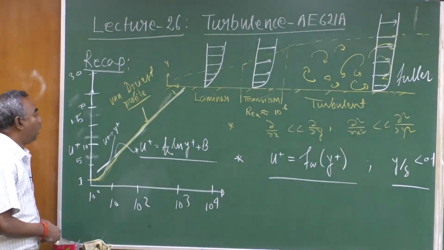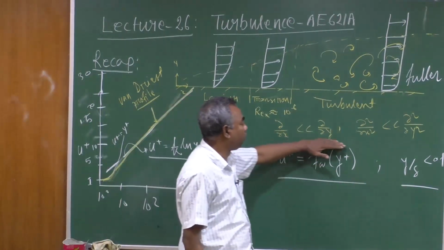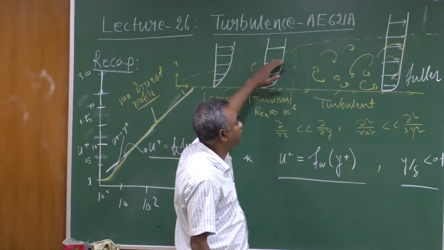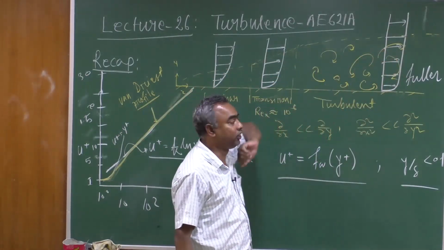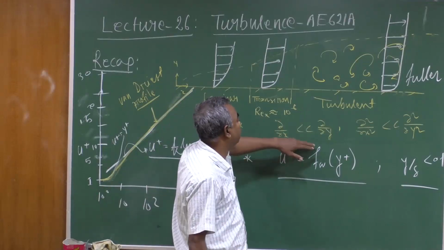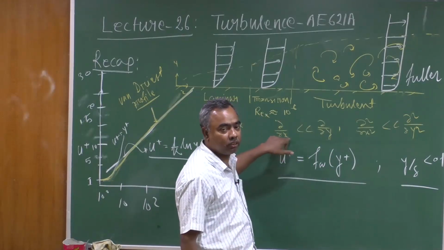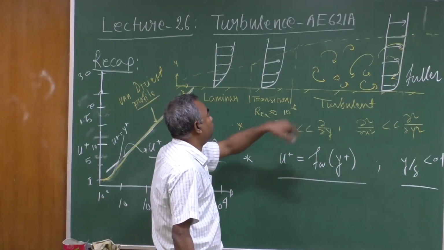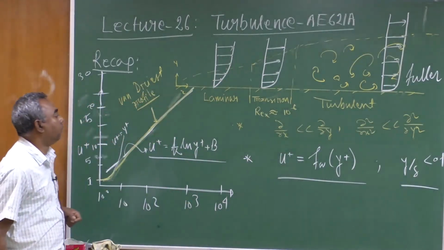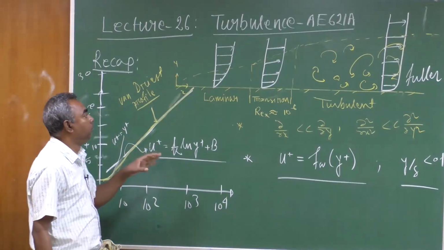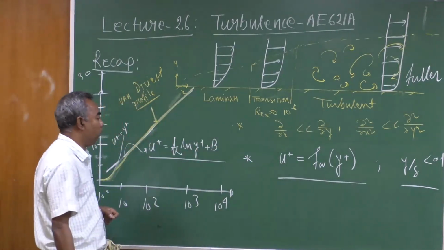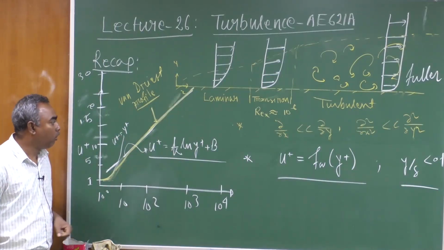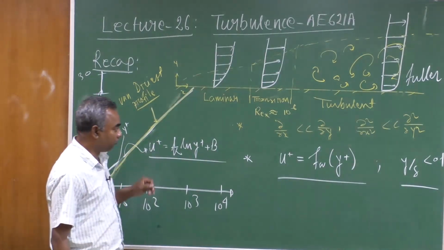So, all right, then we have also talked about this: in the case of the turbulent boundary layer, it is continuously growing as compared to your channel flow, and the streamwise gradient is much less as compared to the normal gradient, okay. So, this is one more important point to note for boundary layer flow. Then we discussed that the inner law holds good even in the case of turbulent boundary layer.